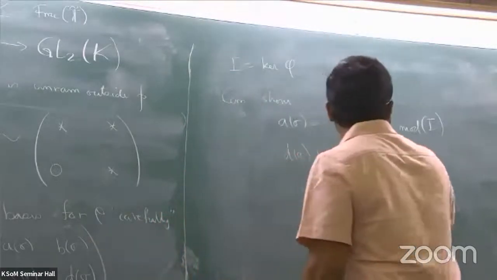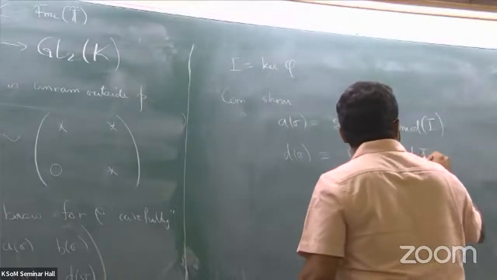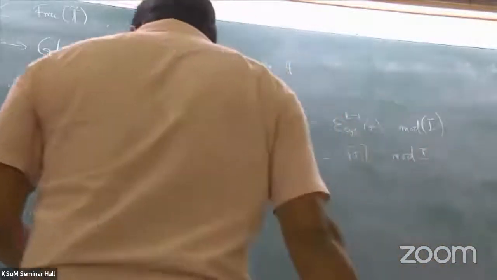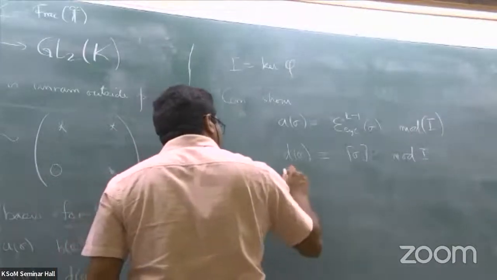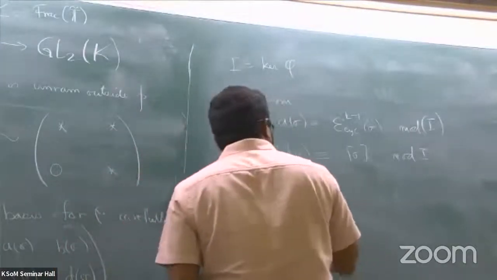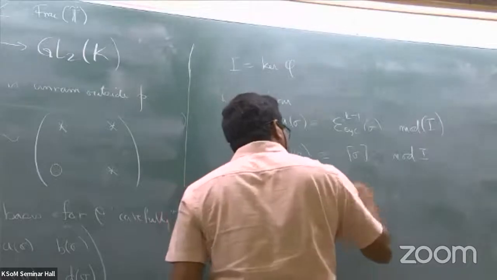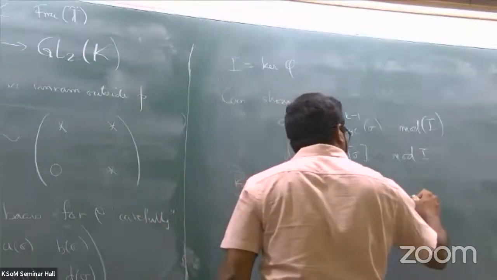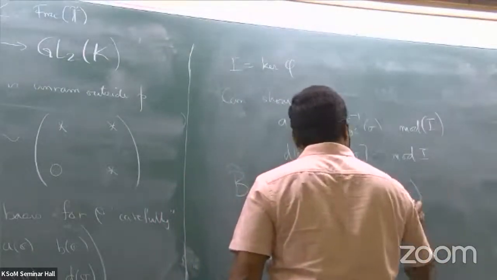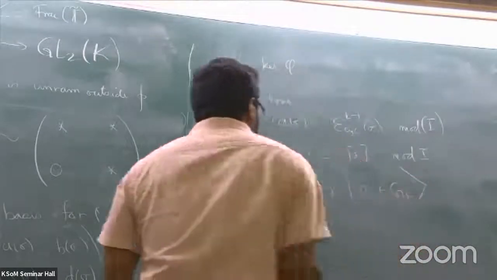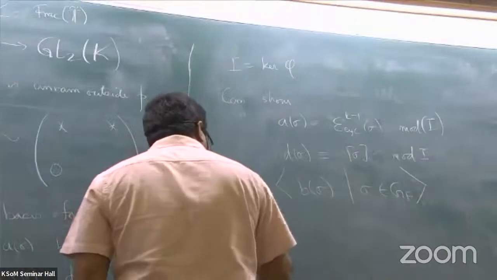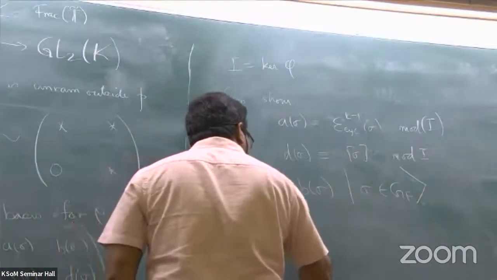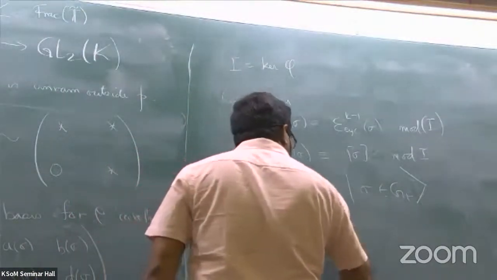This is again in W, but this is also modulo I. Okay, and you can then just take B tilde to be the module generated by the B sigmas, and B tilde modulo I and C tilde.